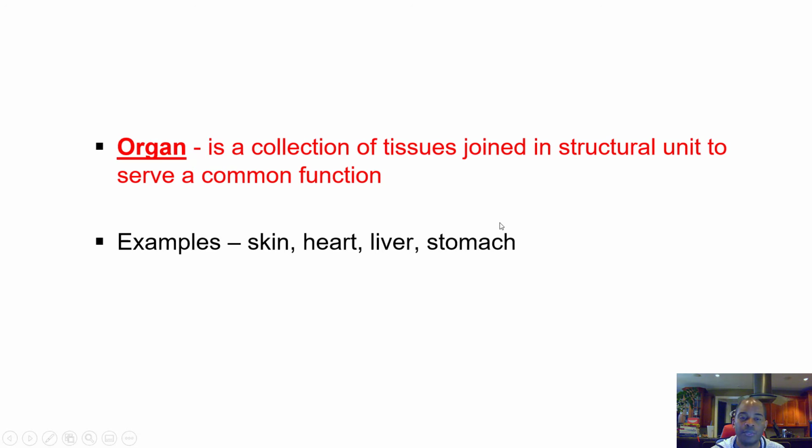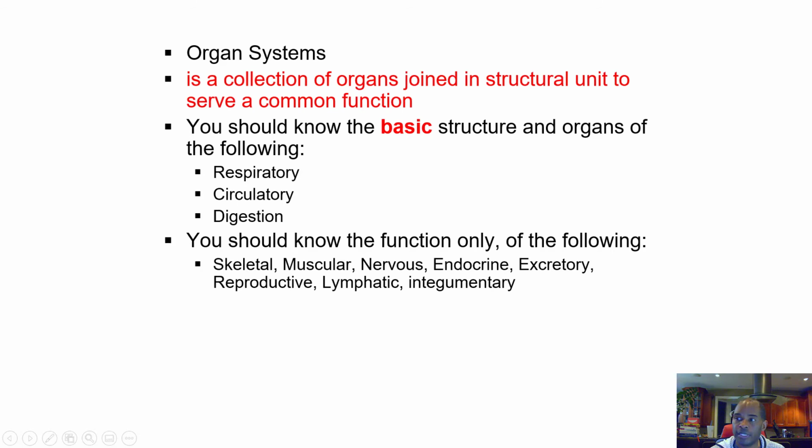Your tissue, that has a common function, is called an organ. And you are probably familiar with many organs. Your organs, in turn, when they're collected together to form a structural unit that has a common function, are called organ systems. So you're responsible for knowing respiratory, circulatory, and digestive, and knowing the organs of those three systems.